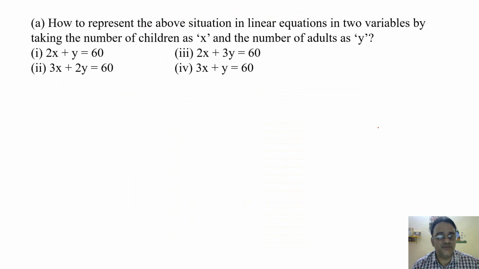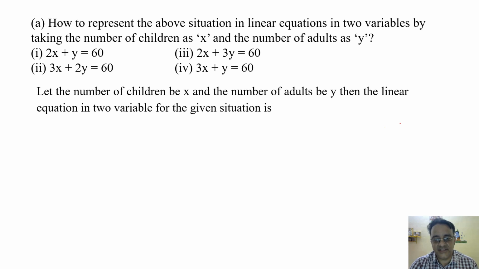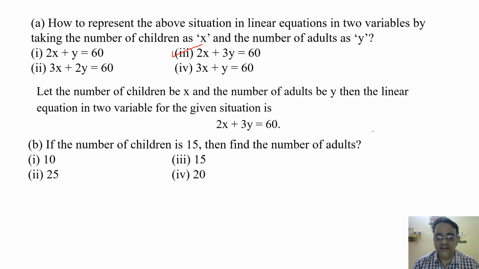So we'll see the first question. How to represent the above situation in linear equation in two variables by taking the number of children as x and the number of adults as y. Just now you told that the correct answer is 2x plus 3y is equals to 60. And the correct option is the third one. Right? Okay. So now if the children is 15, then find the number of adults.